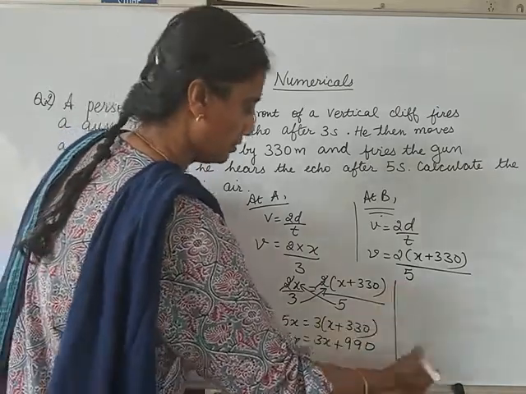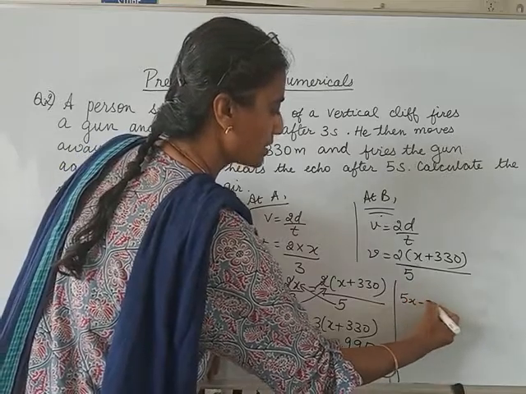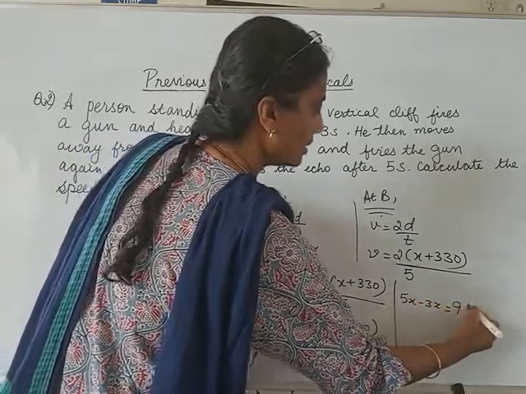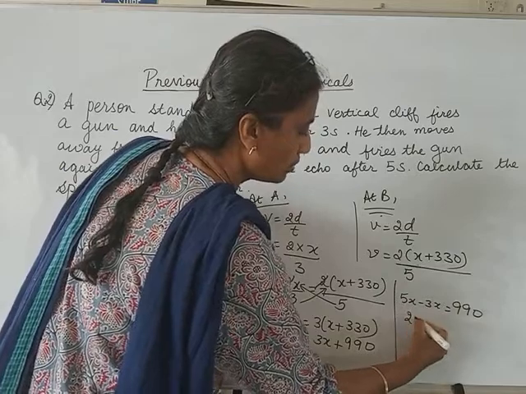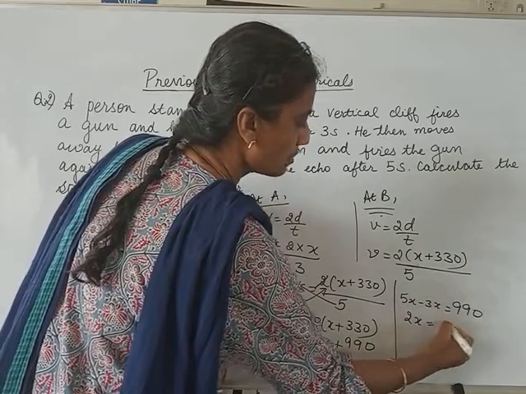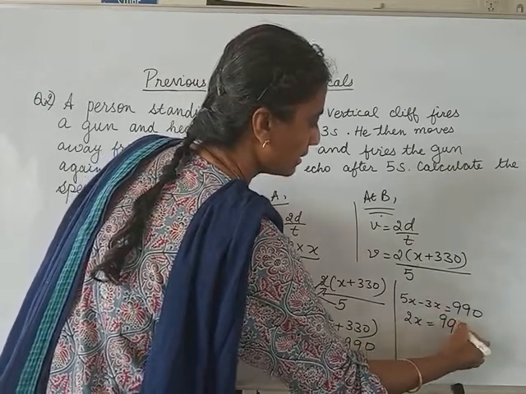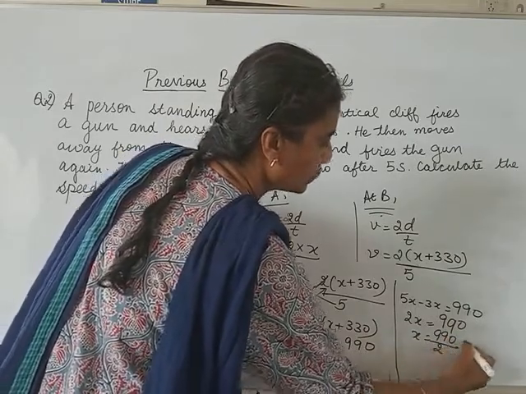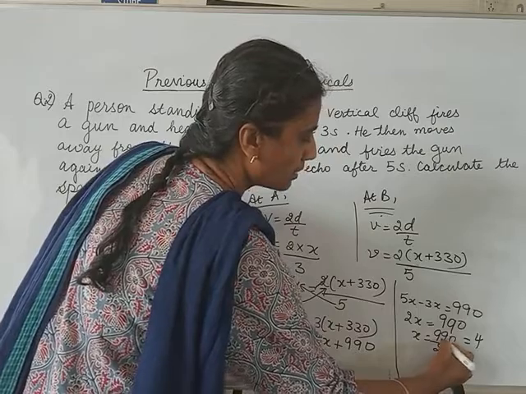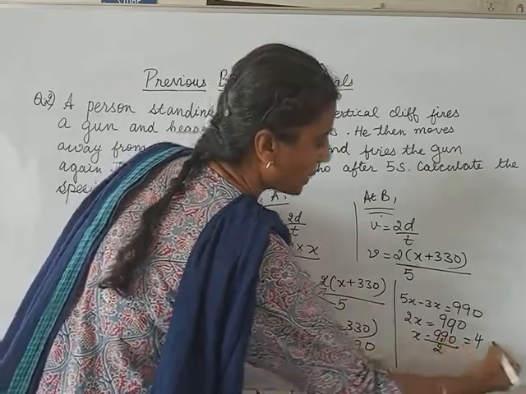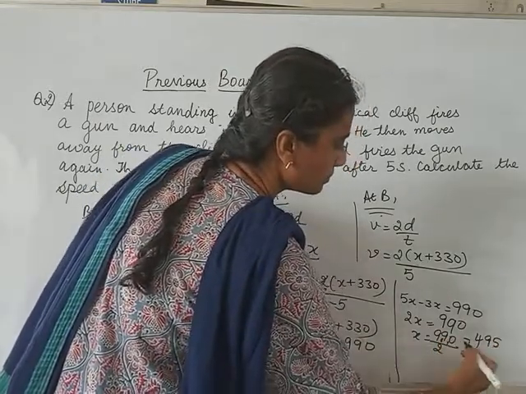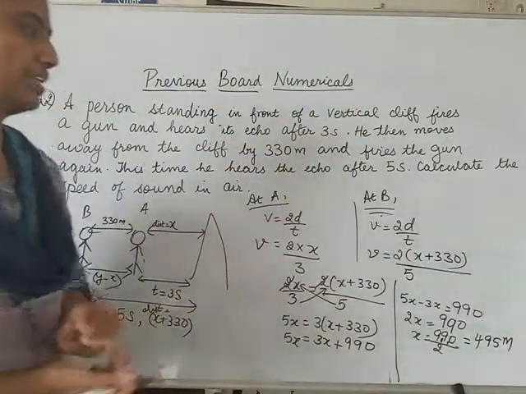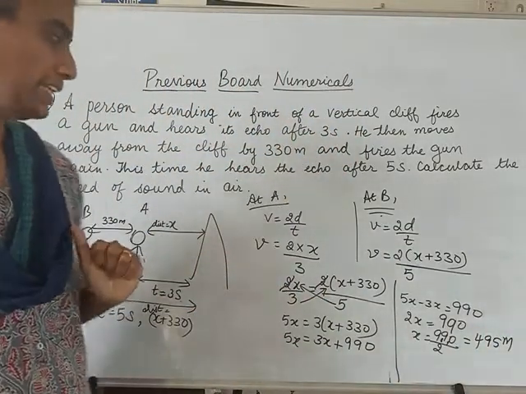So 5x minus 3x is equal to 990. 2x is equal to 990, or x is equal to 990 by 2. That will be 495 meter. Okay, x is 495 meter.